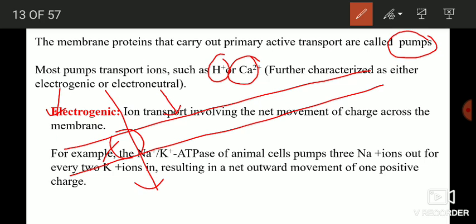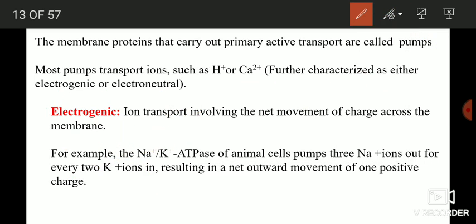For example, the first example is here, sodium potassium ATPase. It is an electrogenic pump. The sodium potassium ATPase of animal cells pumps 3 sodium ions out of the cell and 2 potassium ions inside the cell, and this results in a net outward movement of 1 positive charge.